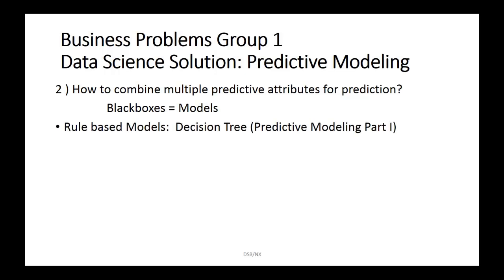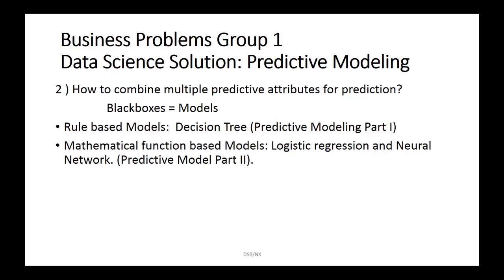We will mainly talk about two types of models. The first type is called rule-based models. For example, decision trees, which we will cover at the end of Predictive Modeling Part 1. And the second type is called mathematical function-based models.